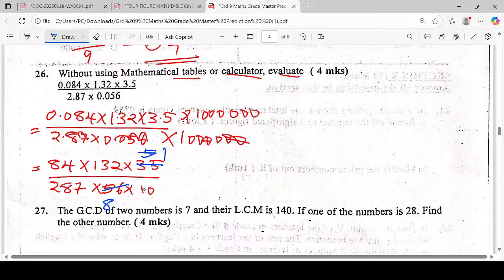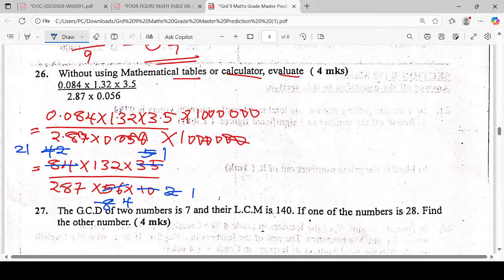Then 2 into 42 is 21, and 2 into 8 is 4. Again, I have to look at it keenly.